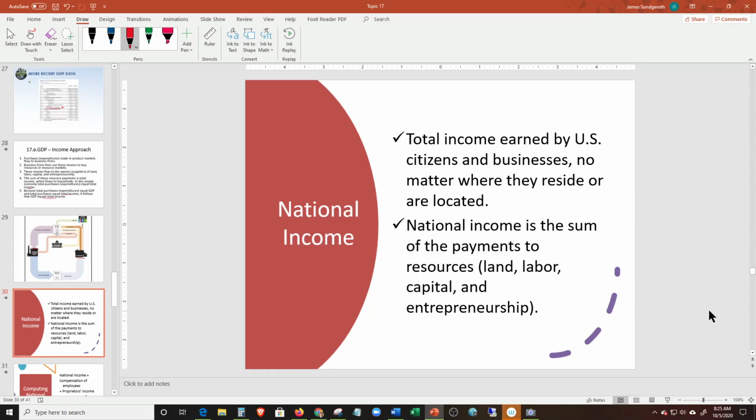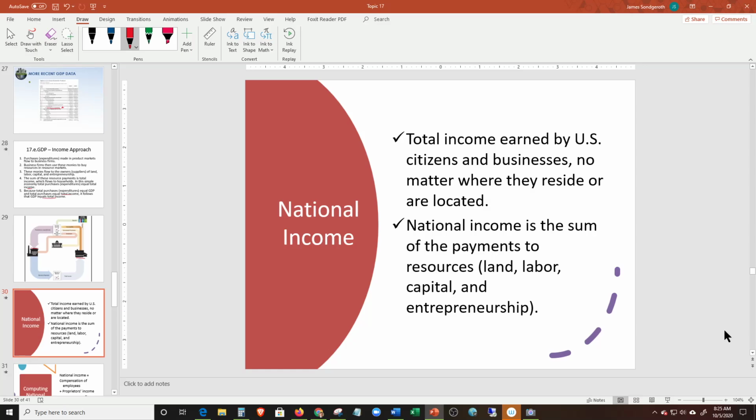So national income is the total income earned by U.S. citizens and businesses, no matter where they reside or are located. National income is the sum of the payments to resources: land, labor, capital, and entrepreneurship.